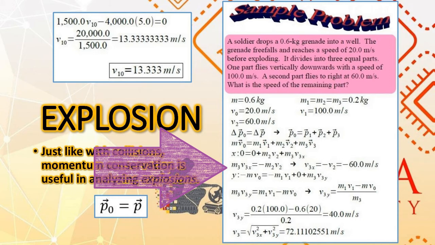Knowing the x component and y component of v3, we are able to get the magnitude of v3, the speed of the third particle. We use the Pythagorean theorem. v3 is equal to the square root of v3x squared plus v3y squared, and we get 72.11 meters per second, the speed of the remaining part.